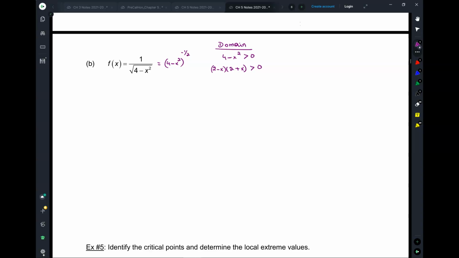If I have numbers greater than 2 and I plug them in here, do I get positive or negative? Negative, so that's not going to work. If I have numbers less than negative 2, I get negative again. Like if x is negative 5, then I'm going to get 2 minus 5, so it's going to be negative again. So the only region which works is between negative 2 and 2. So the domain is negative 2 to 2.